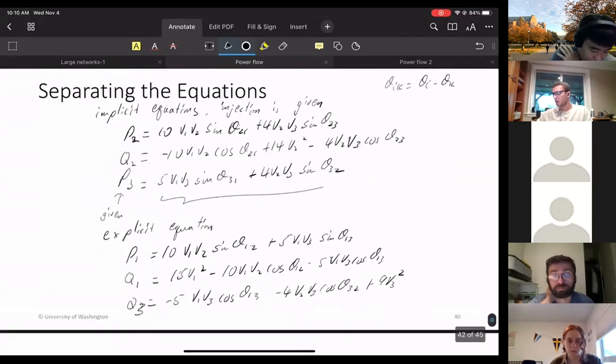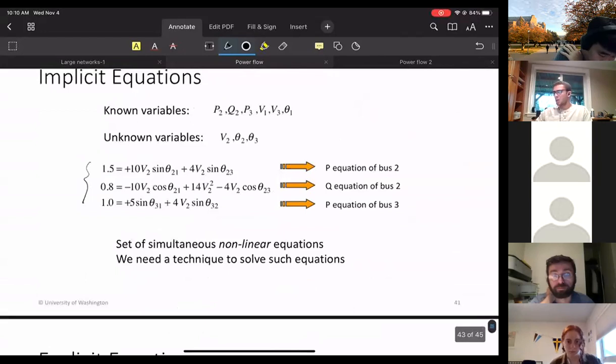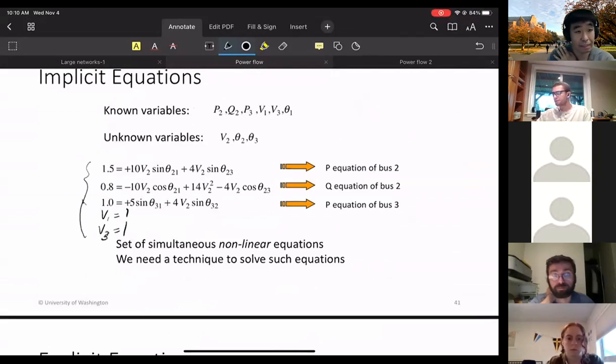Okay, so what we know is V1 equals 1, V3 equals 1. Okay, so altogether, this gives us a system of equations. And normally we add a dummy variable. So not a dummy variable, but we'll choose angle 1 to be 0. So V1 equals 1, V3 equals 1, theta 1 equals 0.